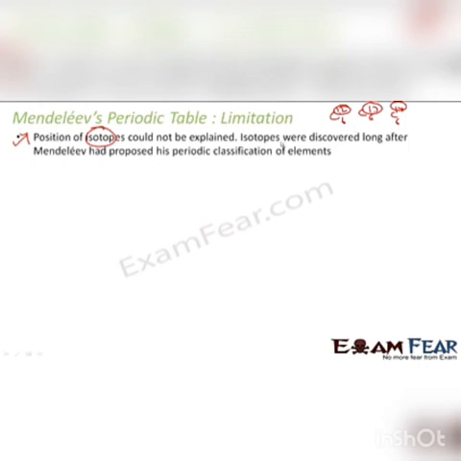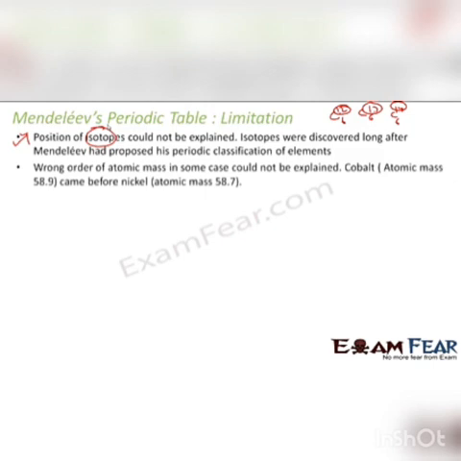Isotopes were discovered a long time after Mendeleev proposed his periodic table. But once the isotopes were discovered, they could not get placed in the periodic table, and that was not very good. Also, the order of atomic mass was wrong in some cases, and that could not be explained.